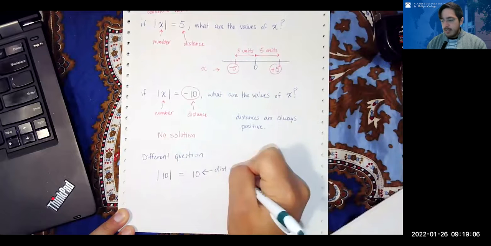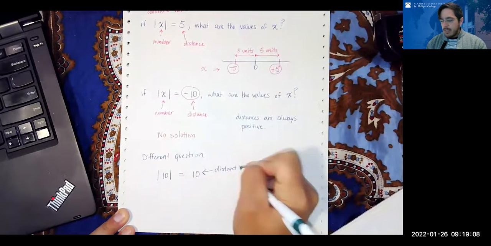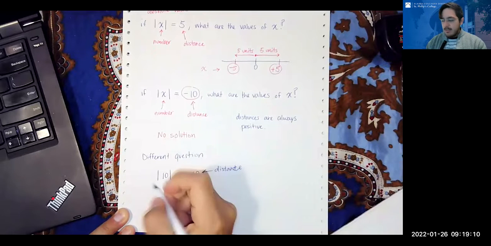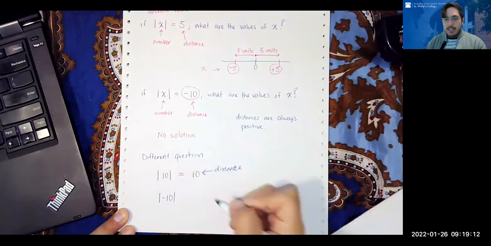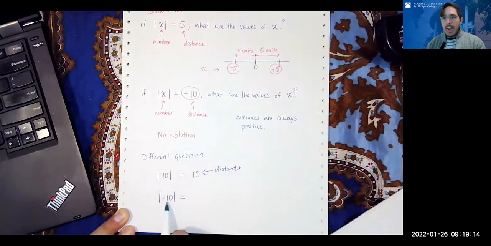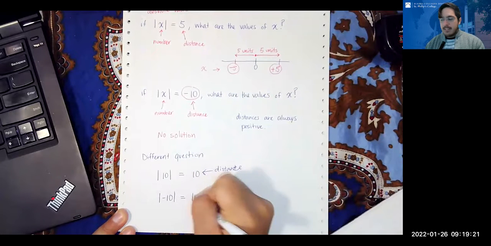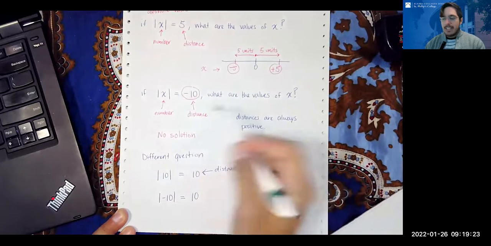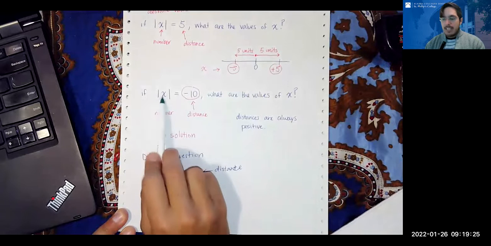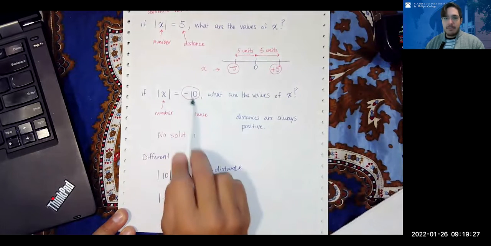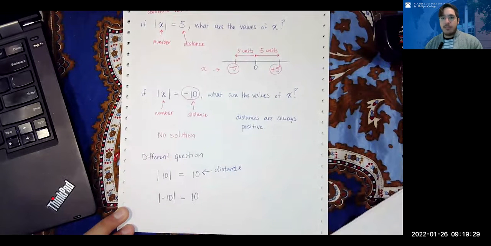And if I ask you what is the absolute value of negative 10, again, that's asking you, we're at negative 10 on the number line. How many units away from 0 am I? 10. But that's different than saying that this number, whatever it is, has a distance that's negative. So you just have to be very careful with that.